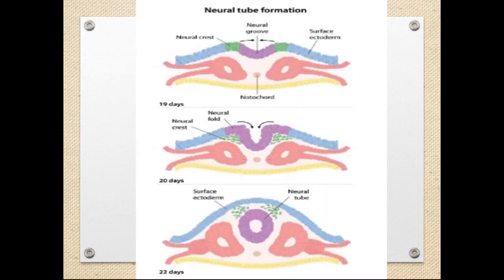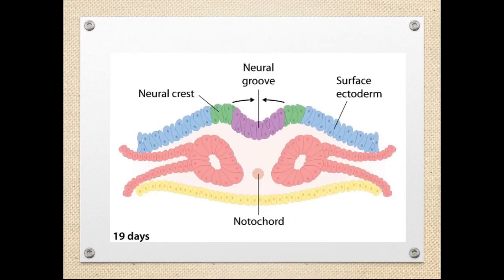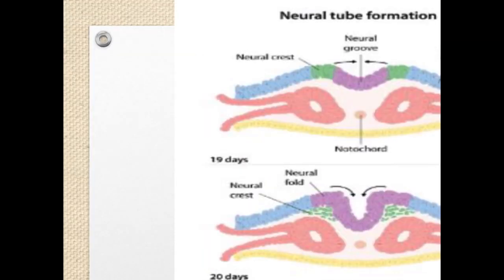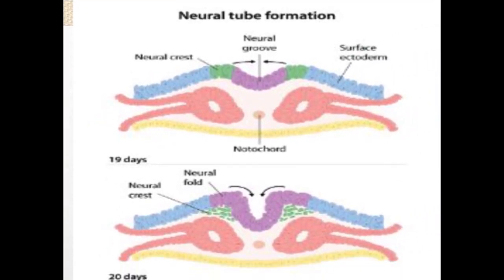Now coming to the next part, this is neural tube formation happening on day 19, within 2 to 3 days after gastrulation begins. What was this blue color? Blue was ectoderm, this was mesoderm, and this was the endoderm.